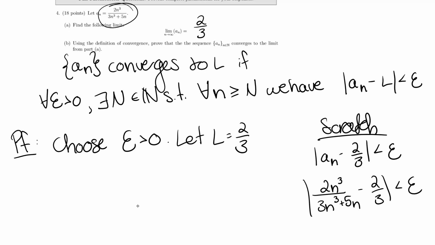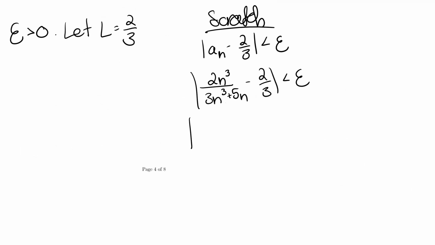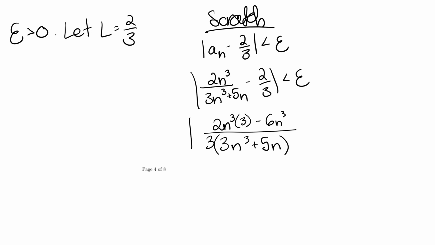All right, well, let's get a common denominator between these two, and then we can really start making some magic happen. So I want 3 times 2n cubed minus 2 times 3n cubed plus 5n, so 6n cubed minus 10n.